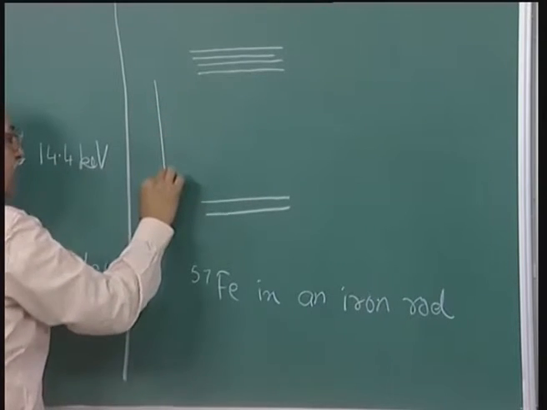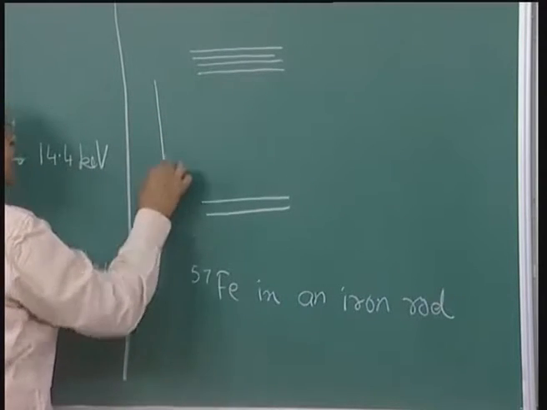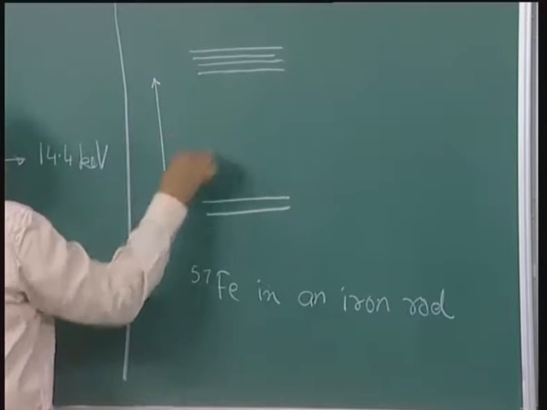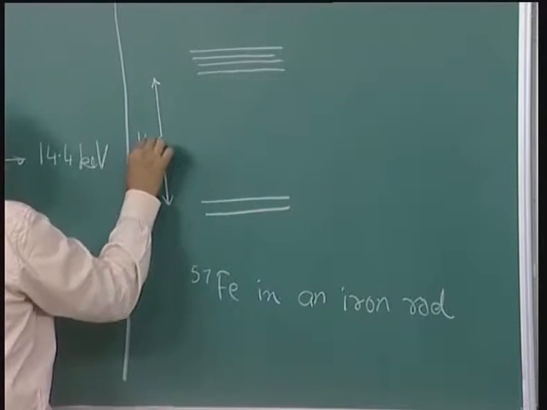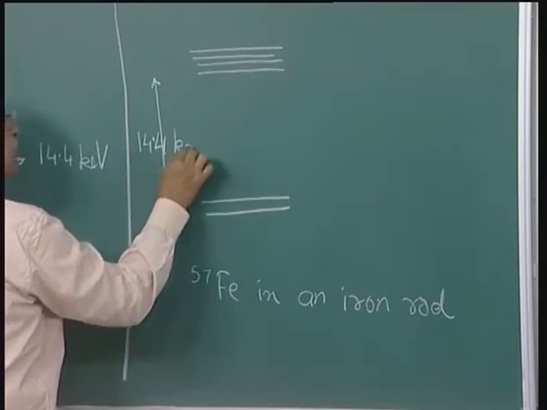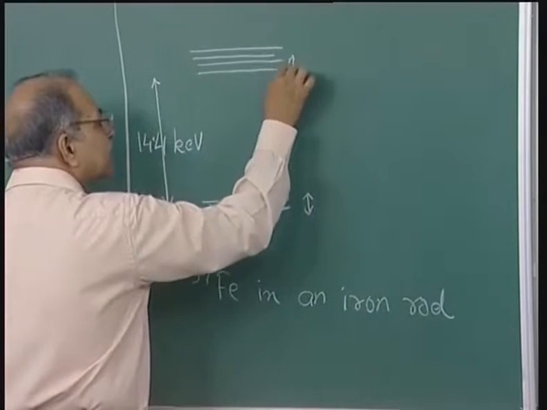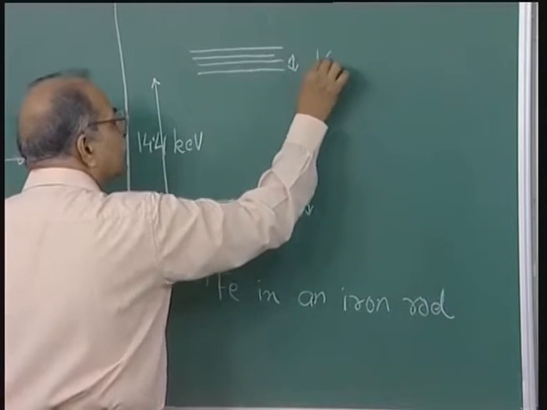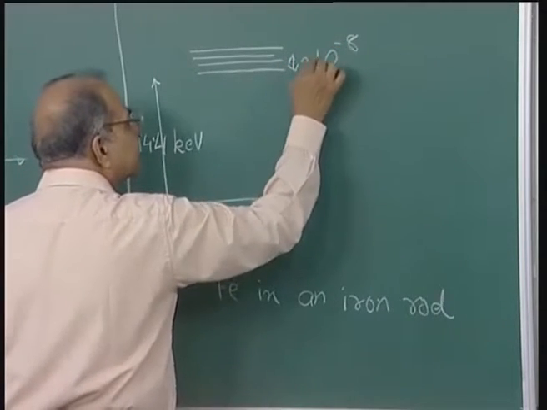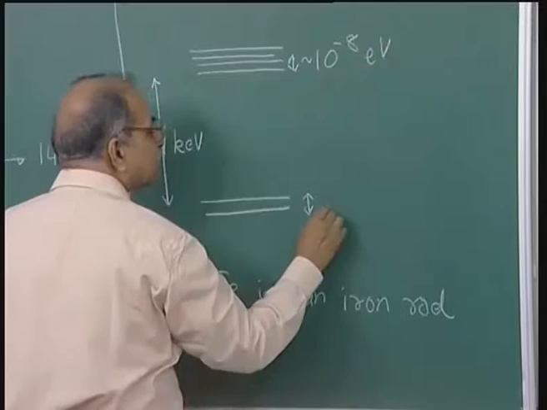You cannot draw the drawing to scale. This difference is still about 14.4 keV, whereas these separations are of the order of 10 to the power minus 8 eV, electron volts, not keV.